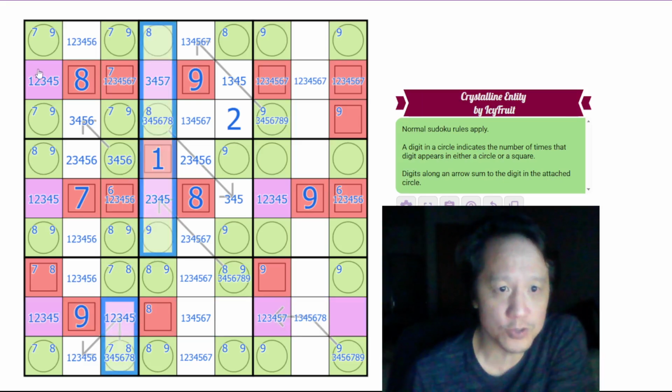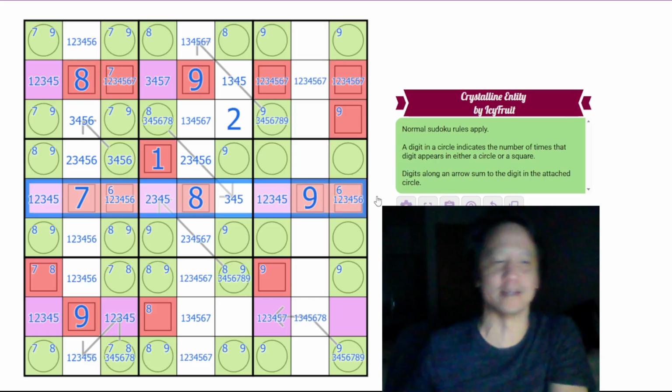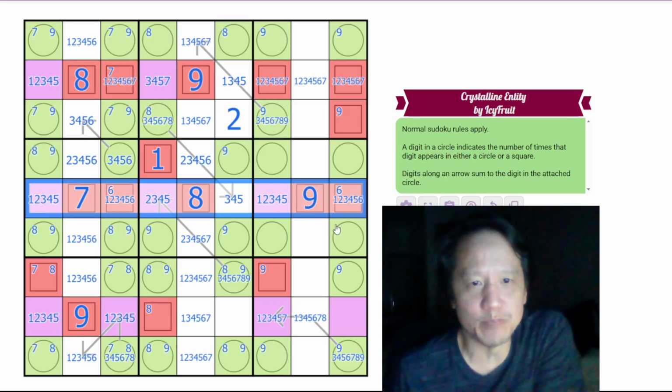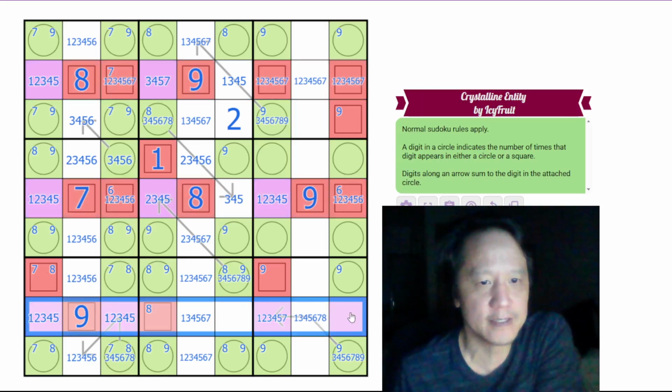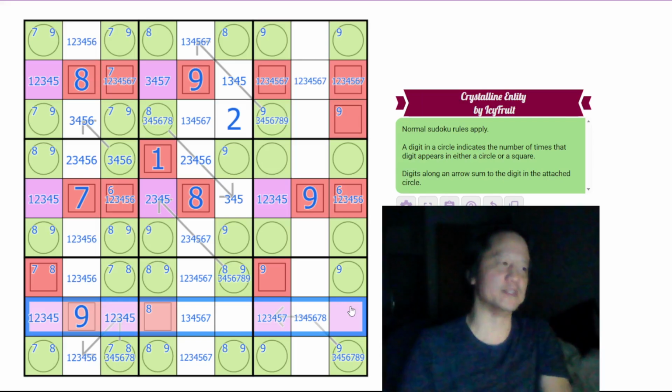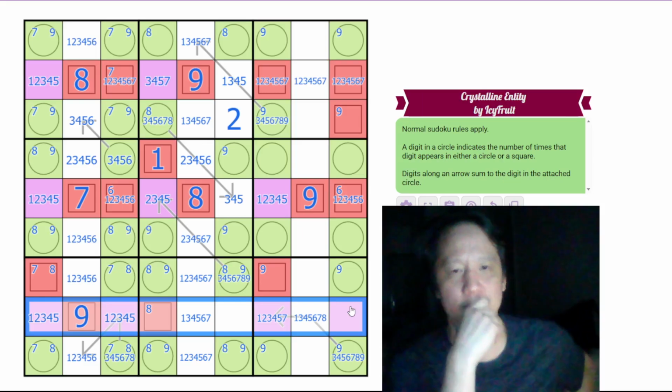And that's rows 2, 5. That's ironically, well, maybe not ironically, because the way that you build this, I think you have to basically come up with some pattern. So rows 2, 5, and 8 are basically where they have to be if they're not in a circle or square.